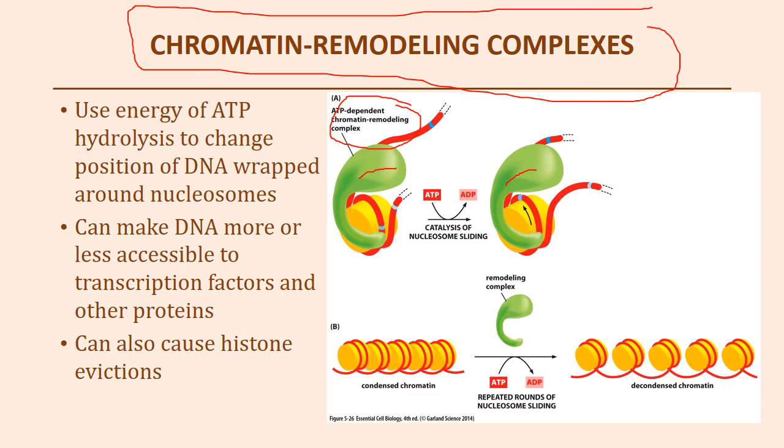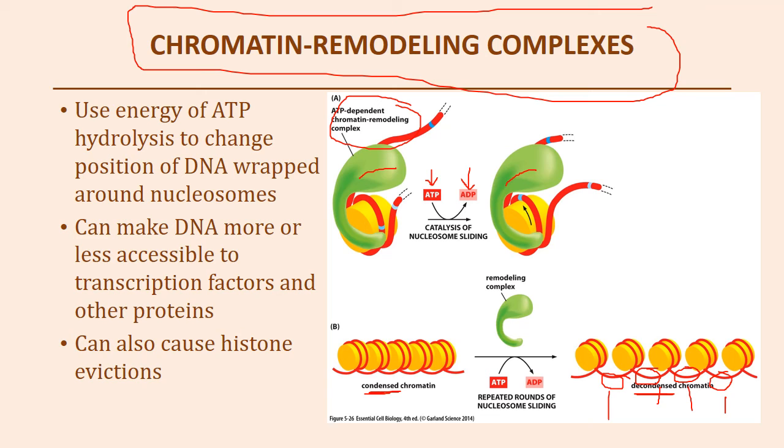Since it's ATP dependent, they do ATP hydrolysis, so they can free up that chemical energy and utilize it to slide down the nucleosomes. By doing so, they can take a chromatin section that was very condensed and start decondensing it, uncoiling it. And the more DNA they make available, the easier it is for genes in these regions to be expressed.